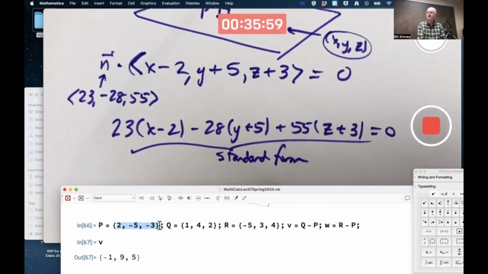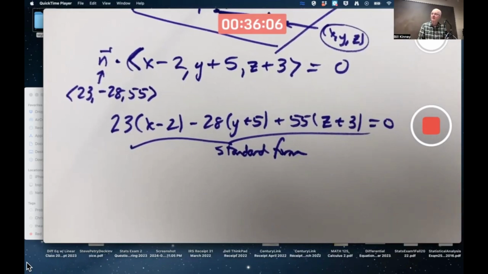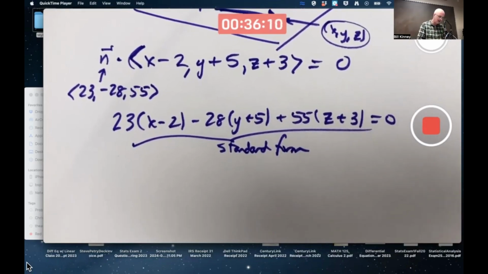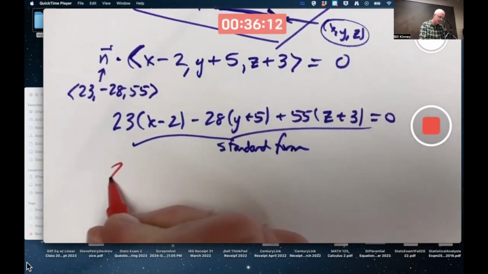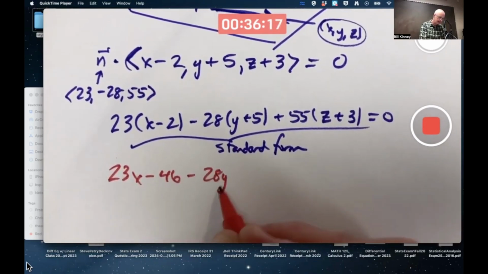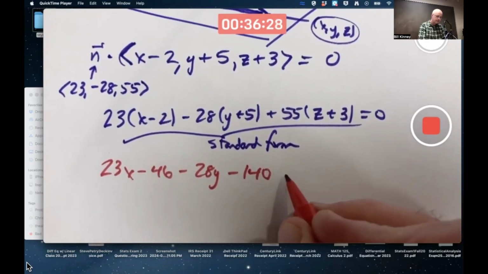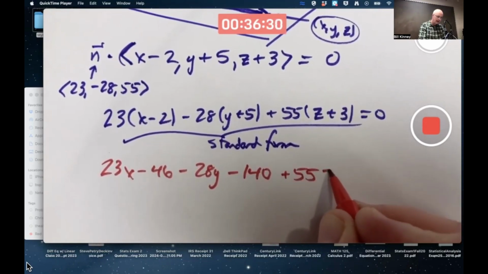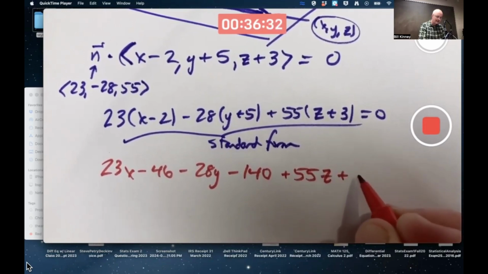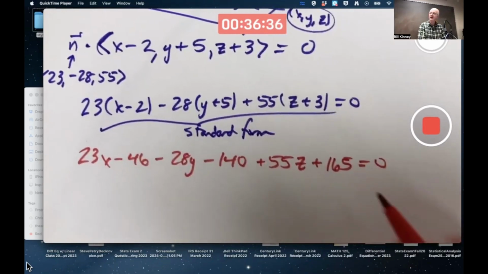completely describes the plane. There's also something called general form found by simplifying this effectively. Multiply it all out. Like this. And then in standard form, we typically bring all the constants to the other side.